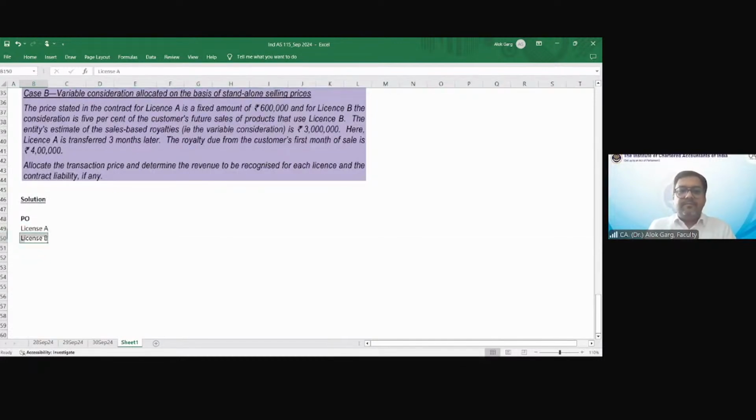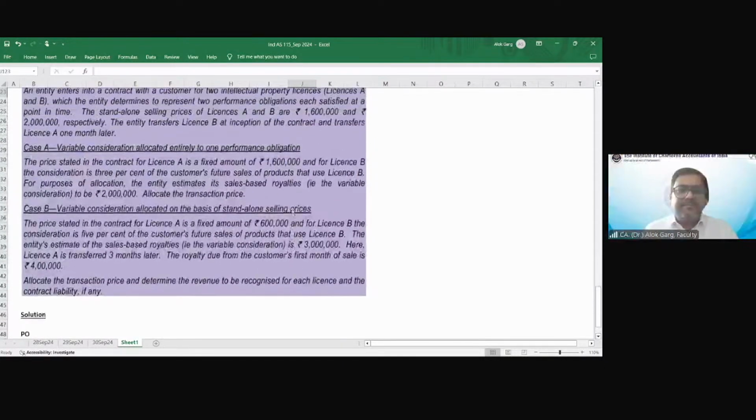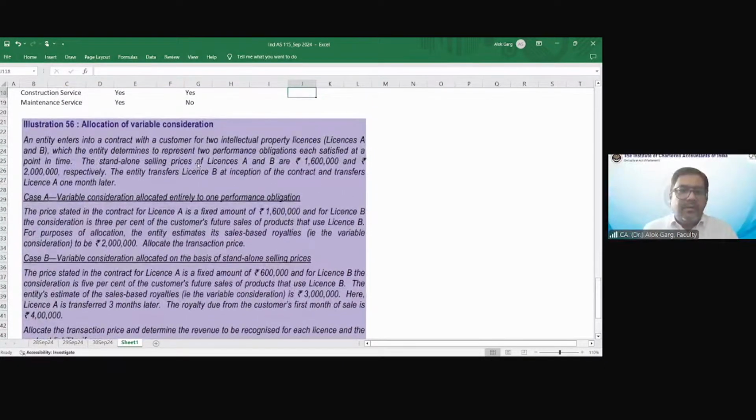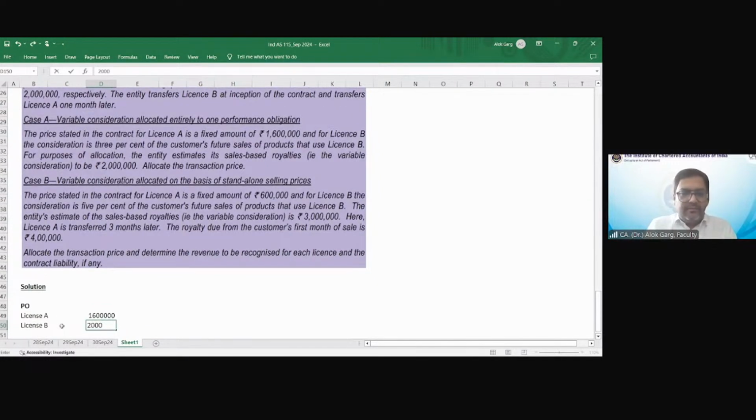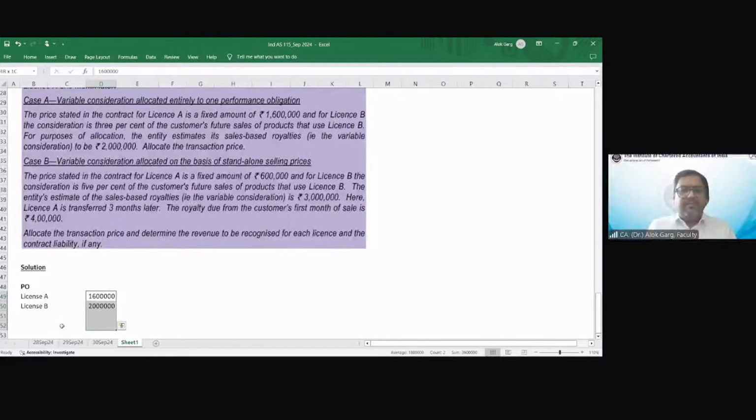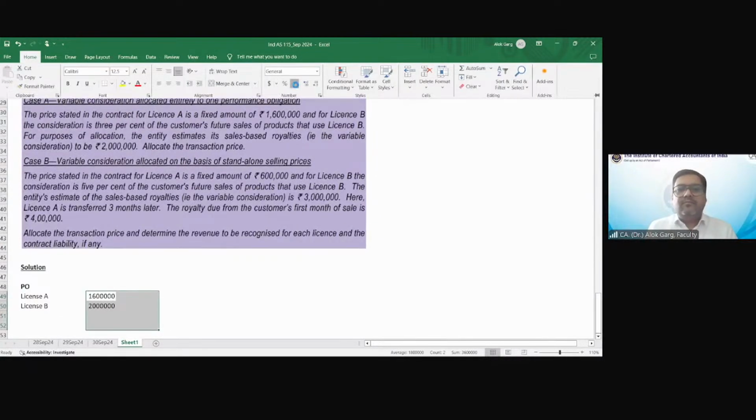What is the price of these licenses? The two performance obligations have standalone selling prices of 16 lakh and 20 lakh respectively. What is the total price?